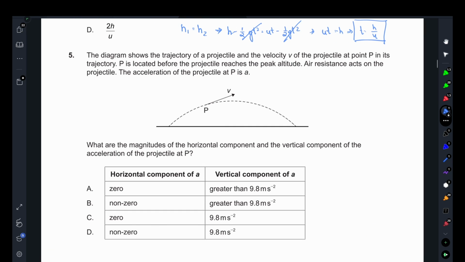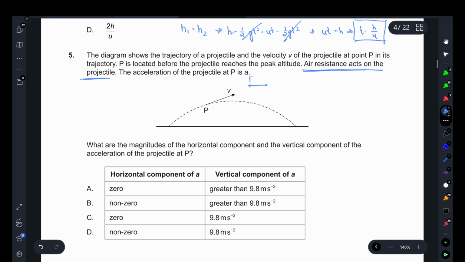Question number 5. The diagram shows the trajectory of a projectile launched with velocity v. But here's the kicker. Air resistance acts on the projectile. This means that at any point, due to the velocity of the body, it experiences a force in the opposing direction, similar to friction, except this is more like air friction.